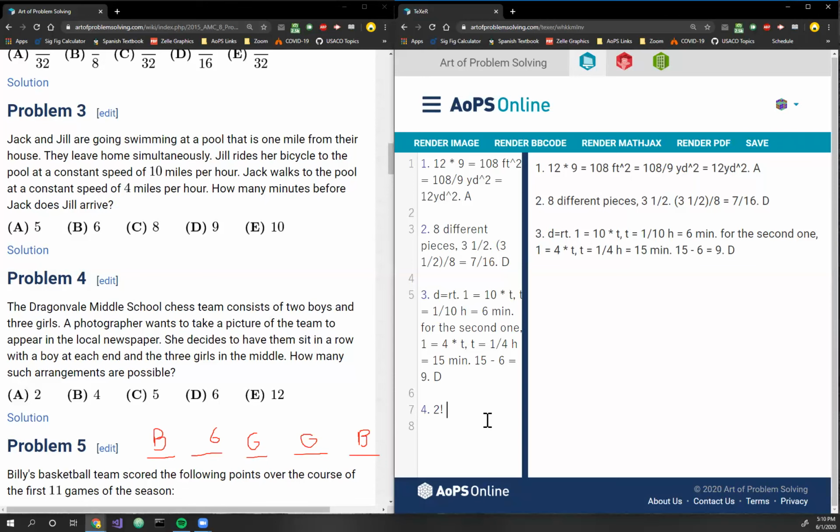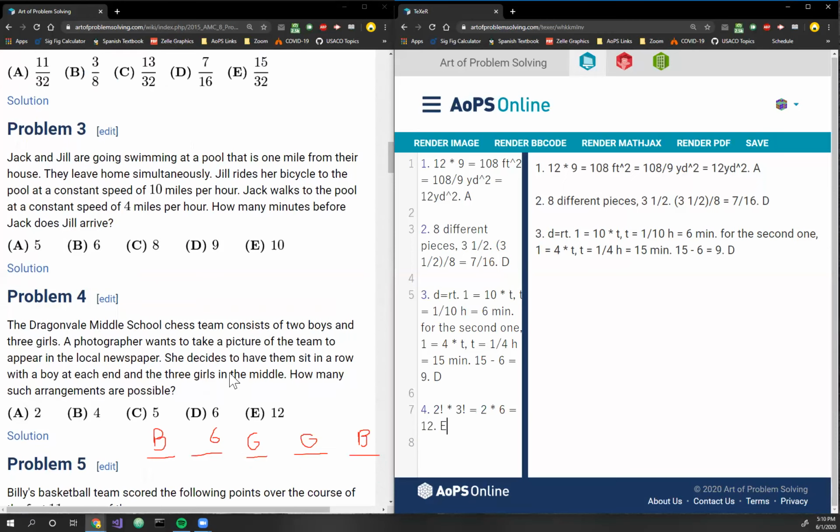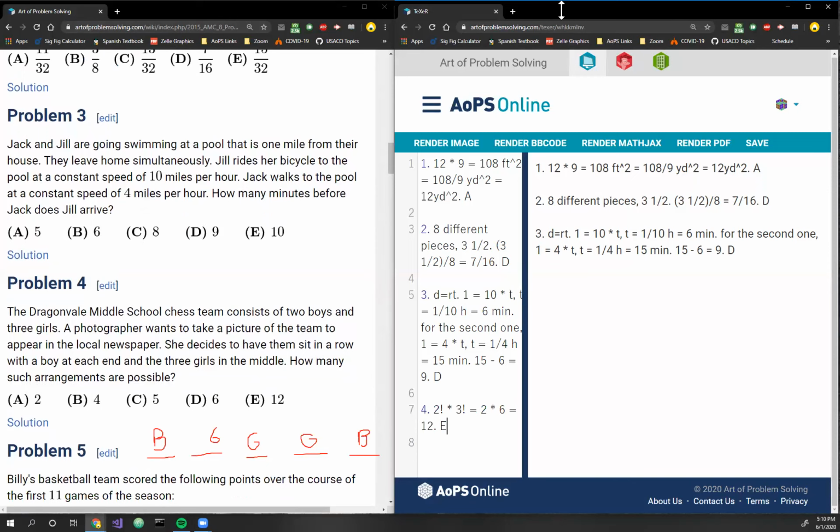And then for the girls, there's 3 factorial, because the positions that the 3 girls are in are fixed. However, which girl goes into which spot is different. So this is equal to 2 times 6, which is 12. So I think it's E. Then again, I'm not sure about any of these answers, so I'm going to check after the test.